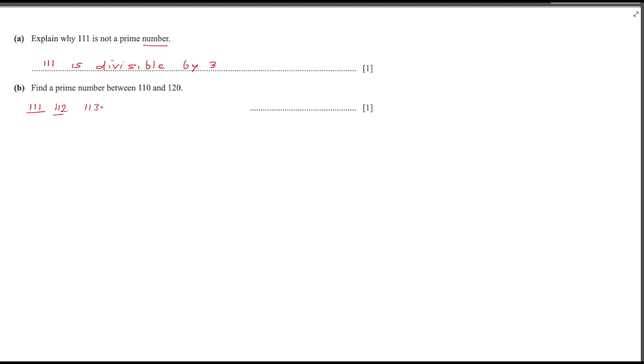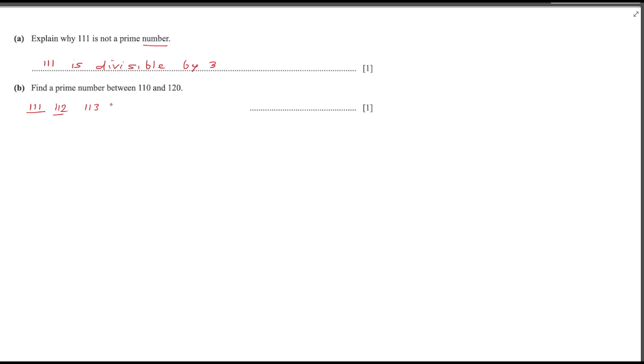Now to check whether it is divisible by any number or not, simply we can figure out the square number near to it and find its square root. So I think the square number is 121, and its square root is 11. So from 2 to 11, I can test whether this number is divisible by any number.